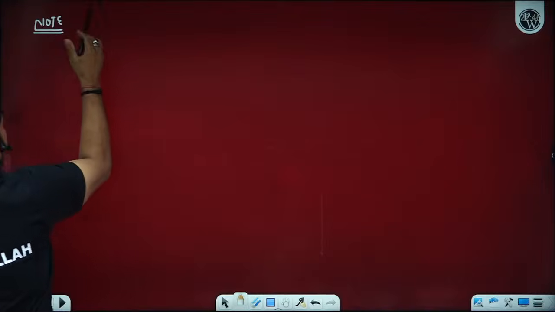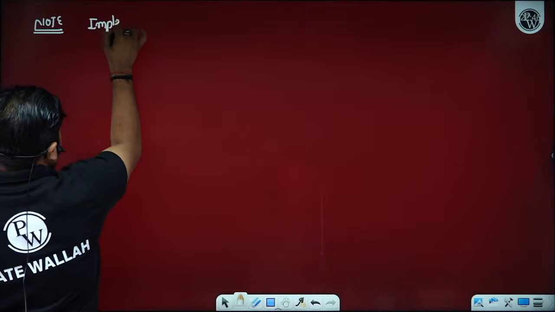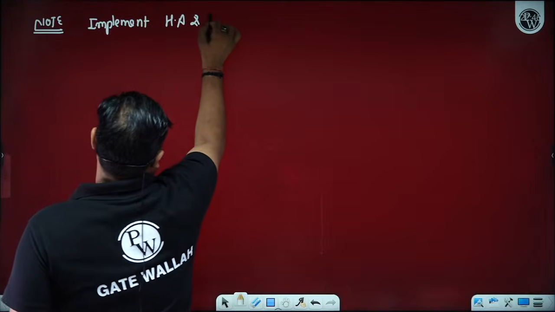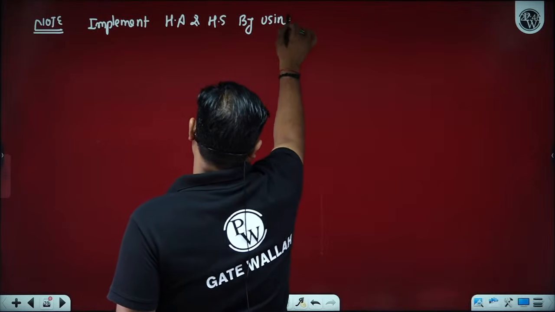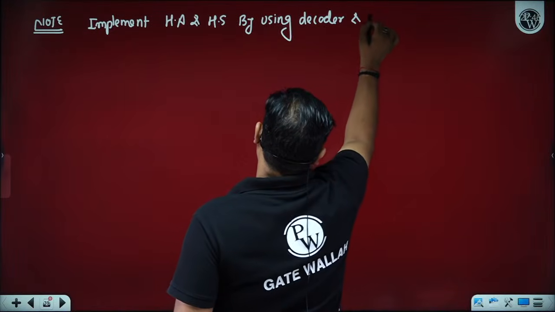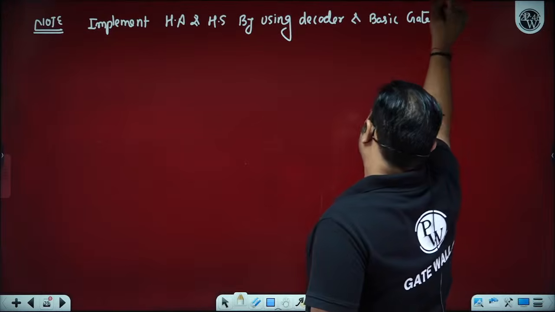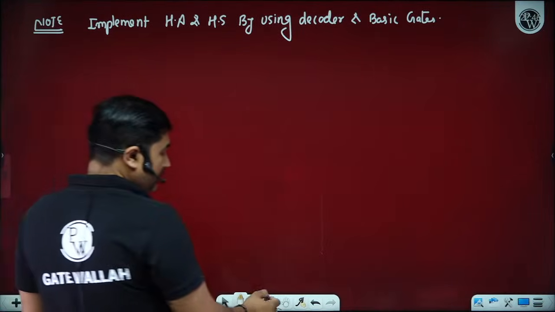Suppose we have to implement half adder and half subtractor by using decoder and basic gates. So can you design a half adder and half subtractor circuit by using a decoder?